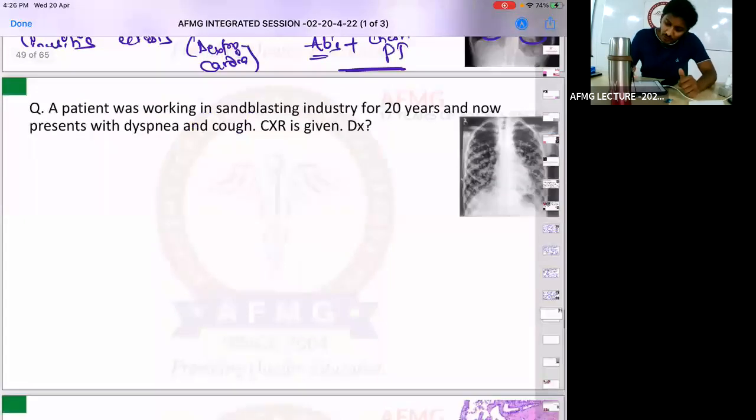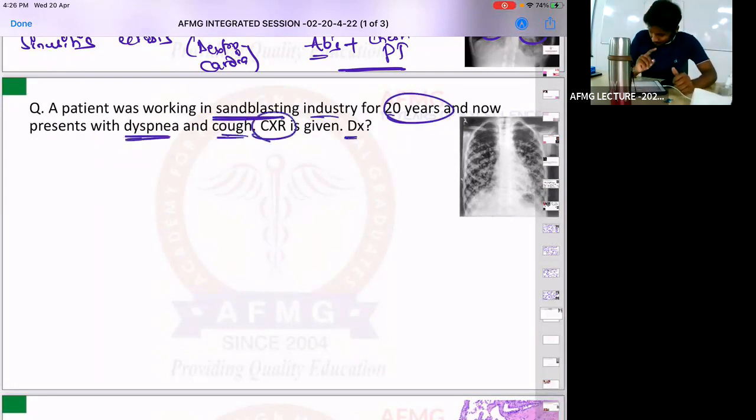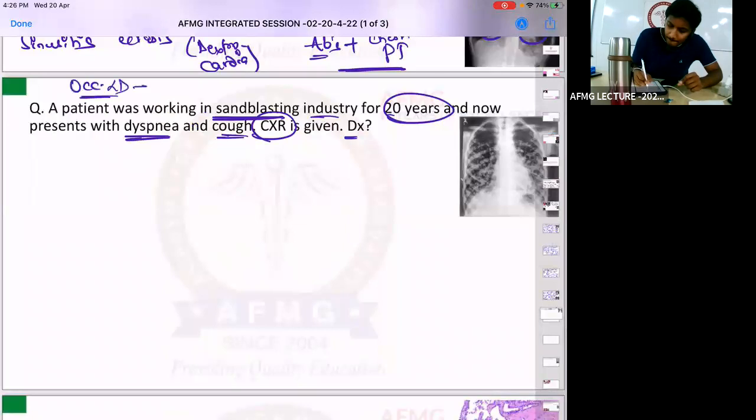Next. A patient was working in the sandblasting industry for 20 years and now presents with dyspnea and cough. Chest X-ray is given, diagnosis. So if they are mentioning any profession, definitely they are talking about some occupational disease. Occupational lung diseases are called pneumoconiosis.